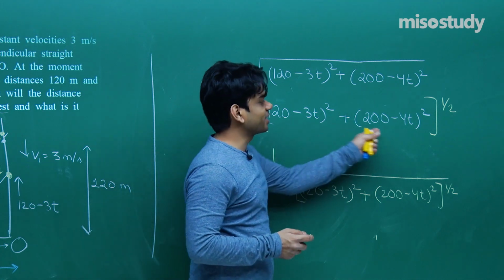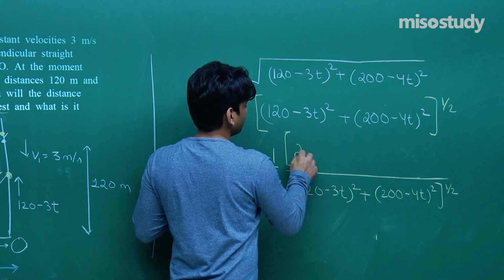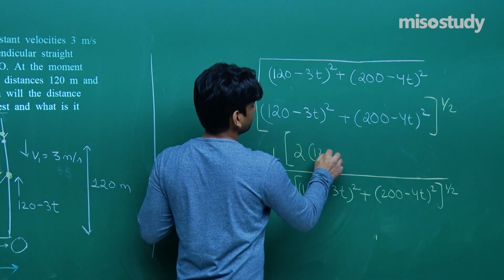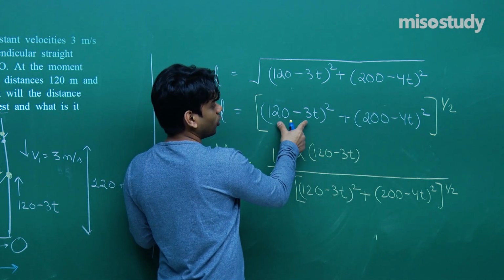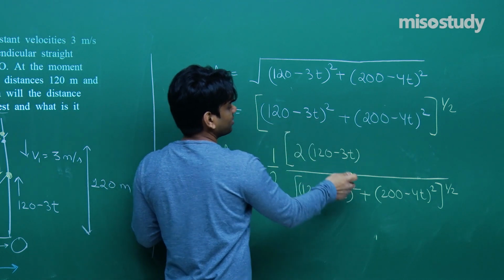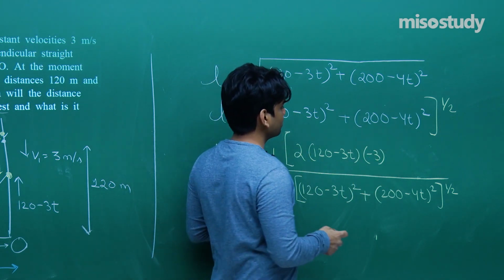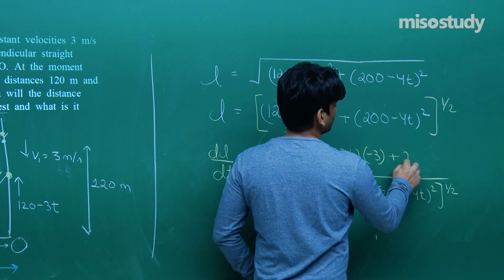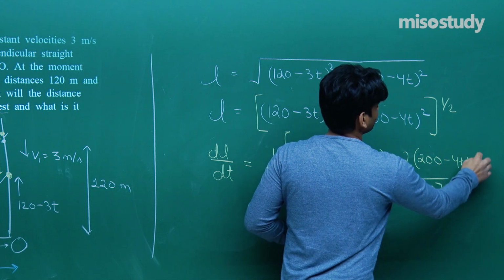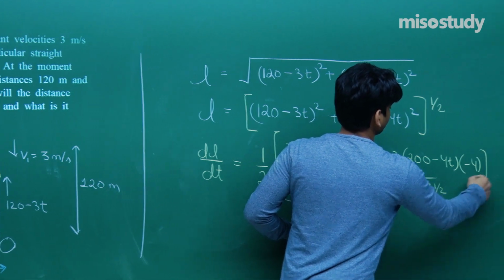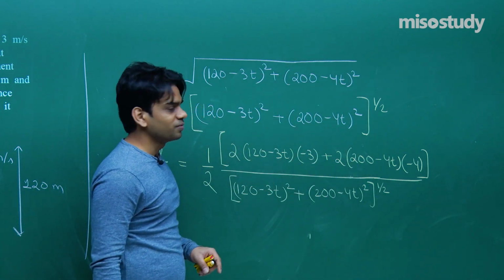Now we have to differentiate this term. This differentiation will come out to be 2 into (120 minus 3t) multiplied with, now you have to also differentiate these two terms, 0 and minus 3. I hope that you all know how to differentiate all this, plus 2 into (200 minus 4t) in the similar way, multiplied with minus 4 here. So we got this as the differentiation of this function.